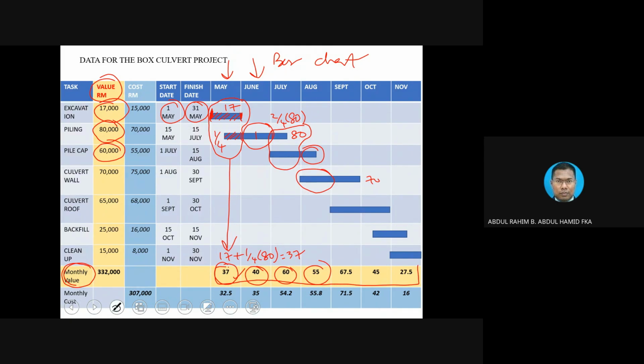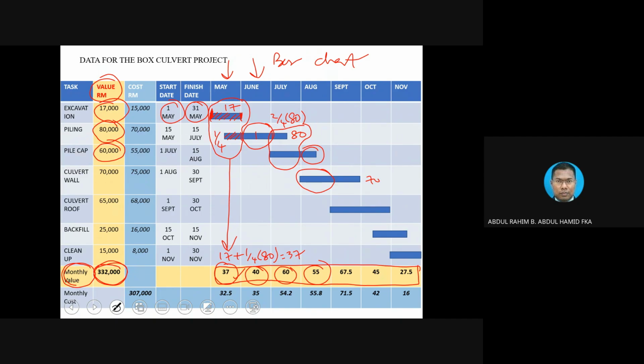If I add all this amount, it should be equivalent to 332. If, for instance, along the way you make a mistake by proportioning the bar, because not all the bars come with a solid 1 month, 2 months. Sometimes they come in the middle, like this one.